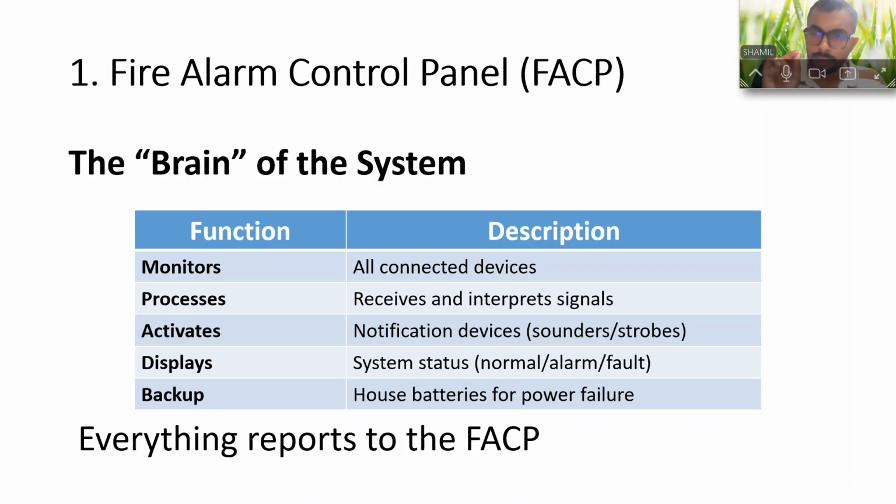Just for your information, regarding the size of the batteries as per NFPA, the standard clause is that the batteries are sized for 24 hours under normal conditions, and for 30 minutes of operation in alarm conditions. This is how the batteries are sized.